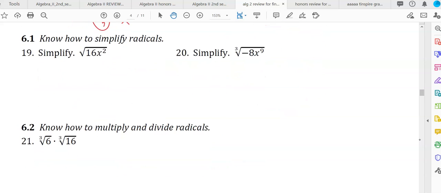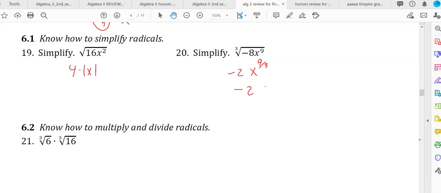How to simplify radicals. So this would be square root of 16 is 4, and square root of x squared technically is absolute value of x. It's one of the properties we learned with even exponents. This one is odd exponent, so I don't worry about the absolute value. So I get negative 2 is the cube root of 8. And then x, I'm going to write that in exponential form. So that'd be 9 over 3.